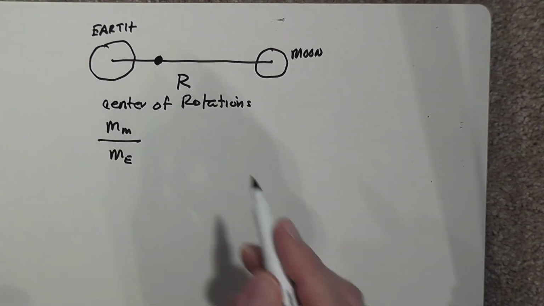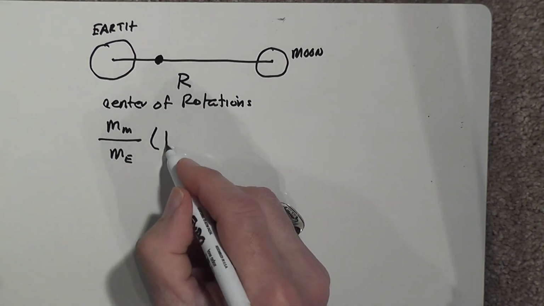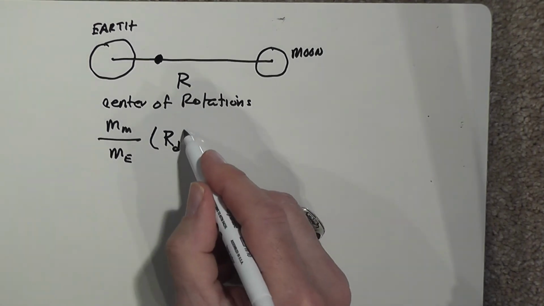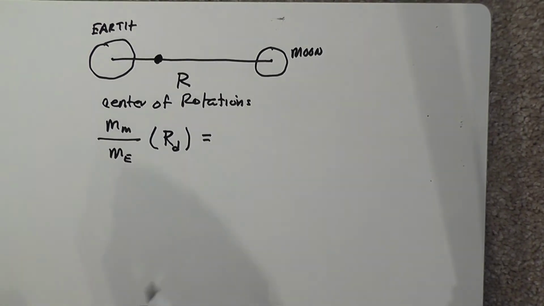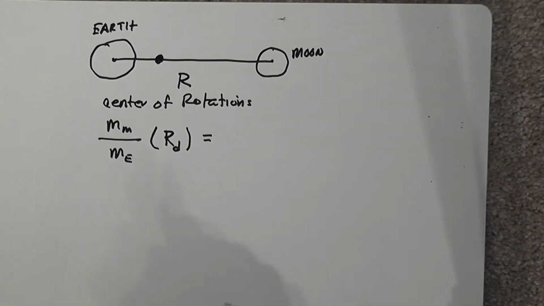This will give you a ratio times the distance, we'll call that RD, the distance between the Earth and the moon, and this will give you the distance from the center of the Earth from here.